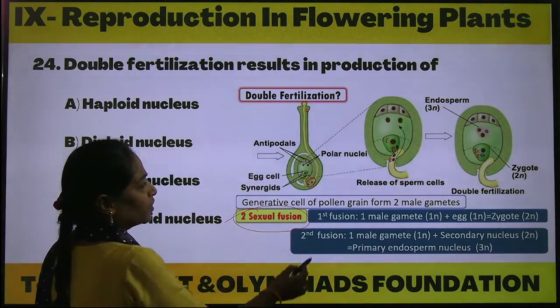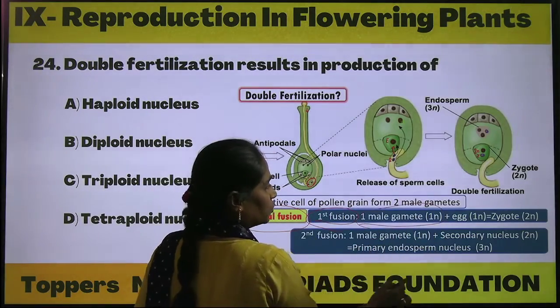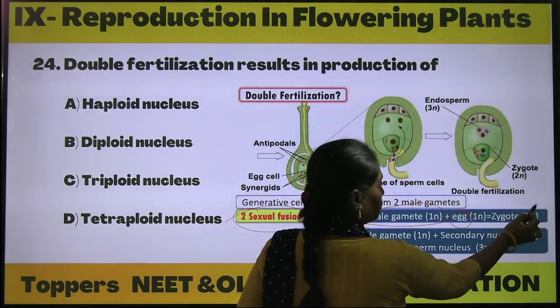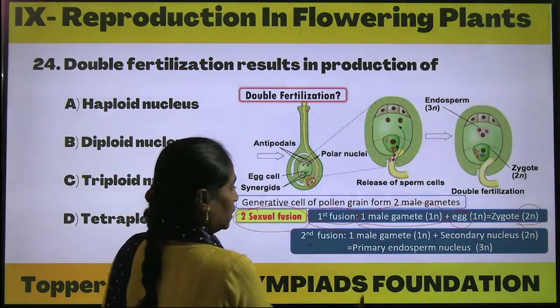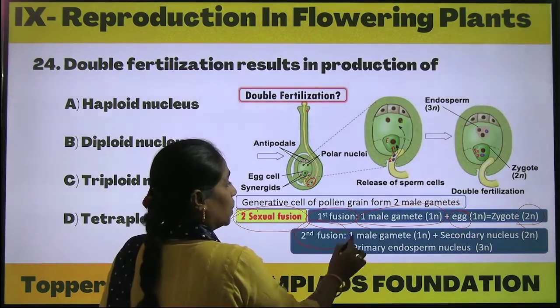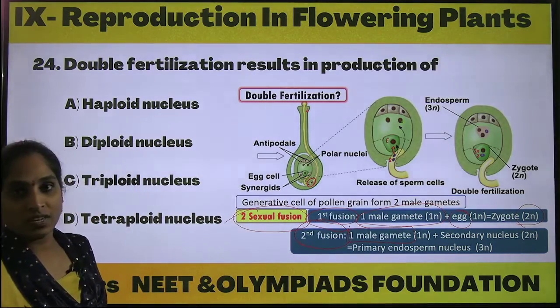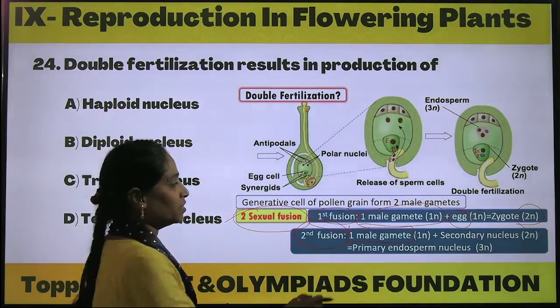Within this, in the first fusion the male gamete is haploid in nature, and the egg is also haploid in nature, and it forms a diploid zygote. Coming to the second fusion, in the second fertilization, one male gamete, which one is that? It's the second sperm nucleus.